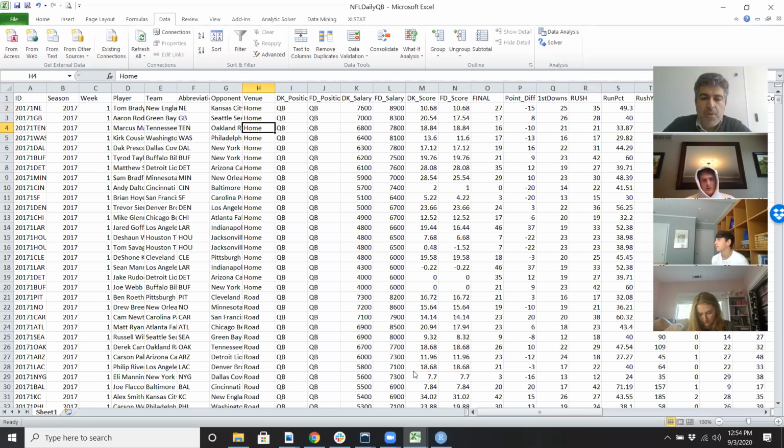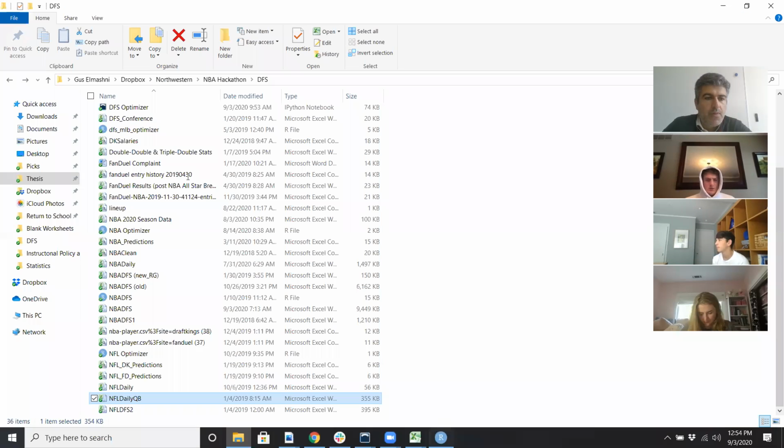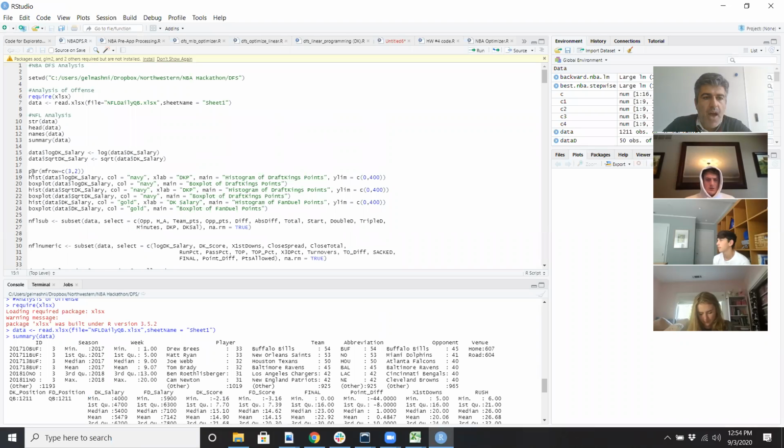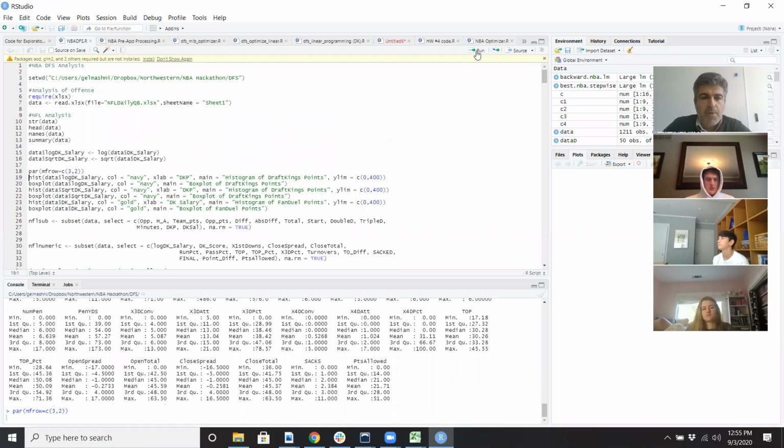Anyway, let's show you the data visuals. I run this line of code to tell it I'm going to do a 3x2 grid. So it sets up a 3x2 grid. And then I can run all 6 of these lines at once and focus on the right side.